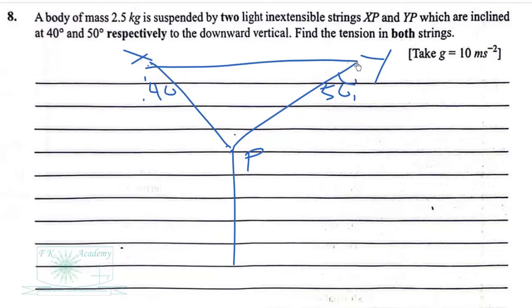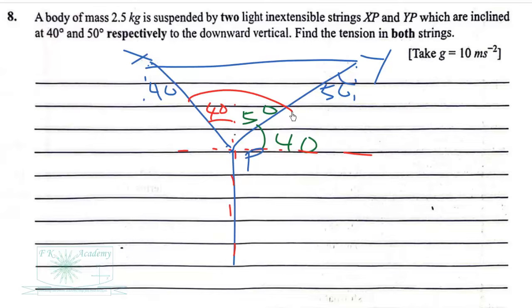So now, because we have the quadrant like this, by vertical and alternate angles, we have 50 here. So this will be 40. Then again, we have 40 here.